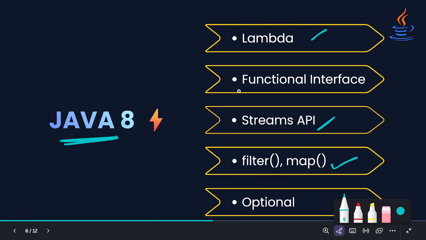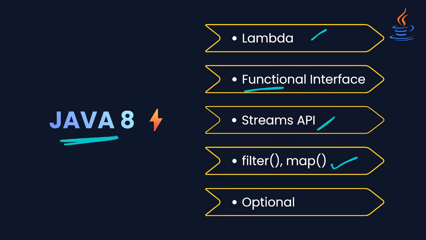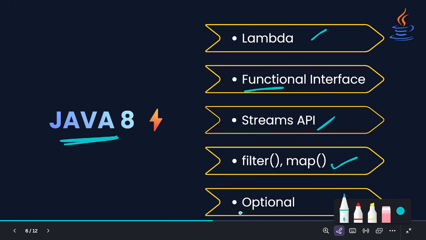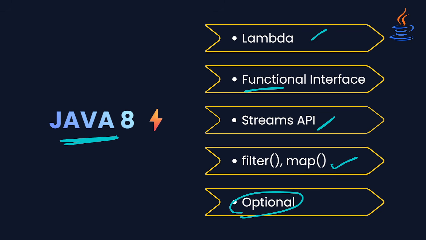Understand what a functional interface is, and also go through the Optional class. Even a basic understanding makes a big difference in the interview, and this is one of the most required things in the Java interview.